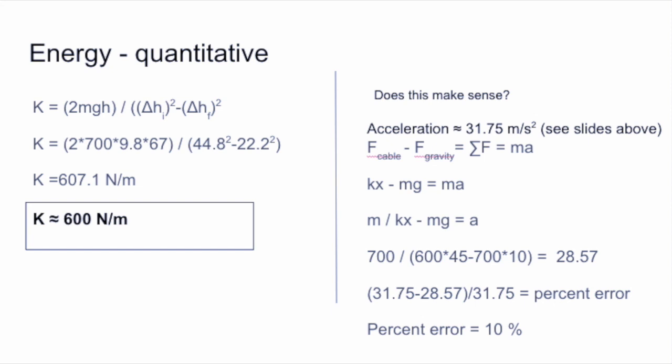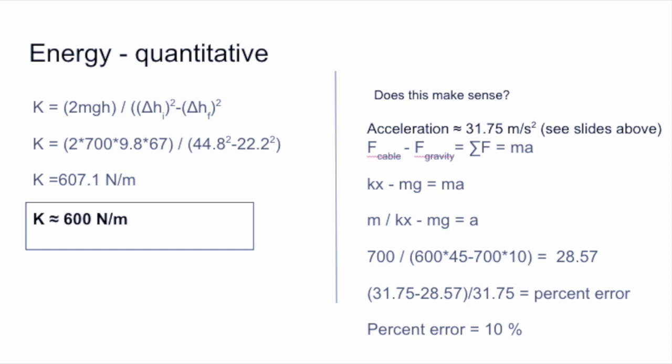And then we plugged in our knowns, and we found that k equals 607.1 newton meters. And we can check if this makes sense by plugging it back in. Our experimental acceleration was 31.75 meters per second squared. And we can use Newton's second law, sum of forces equals ma, where the sum of forces is the force of the cable upward and gravity downward.